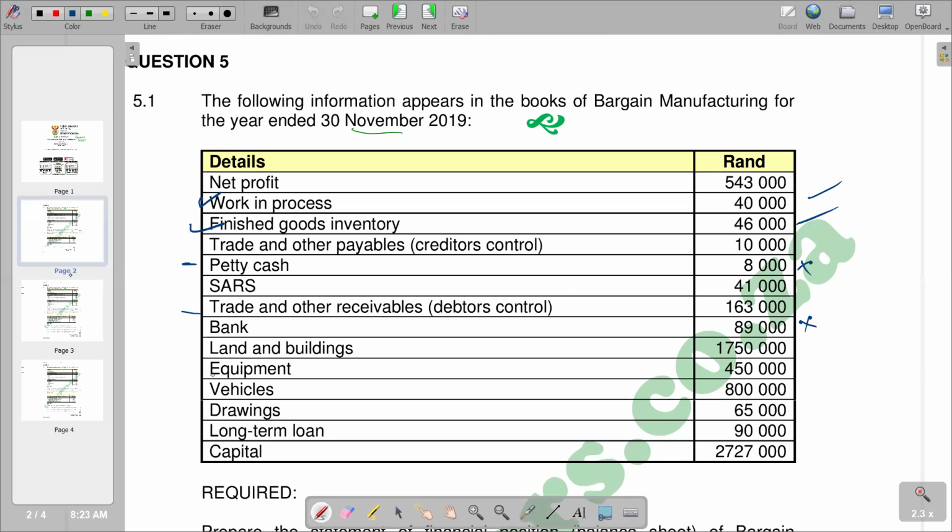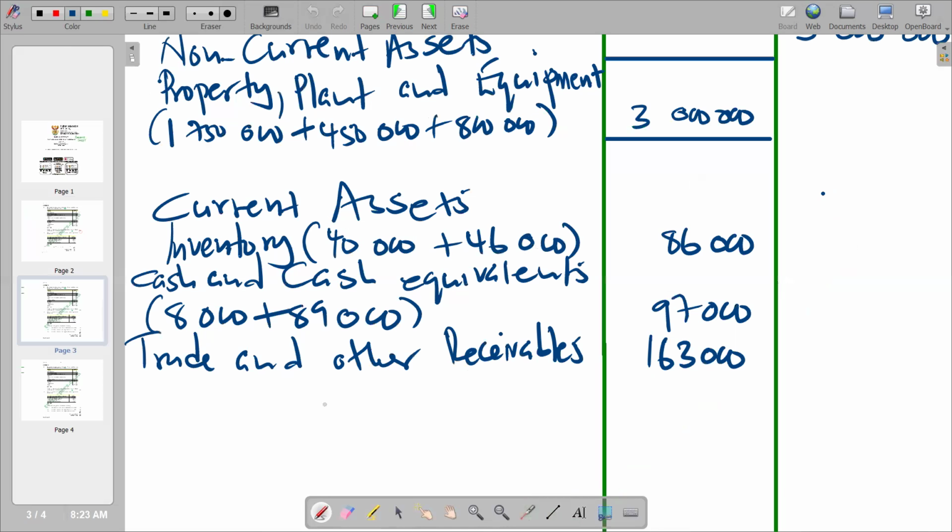I believe that you see that it seems we've exhausted all the current assets that we have. So we can now close to get the total. So we are saying 86,000 plus 97,000 plus 163,000. So we get a total of 346,000.